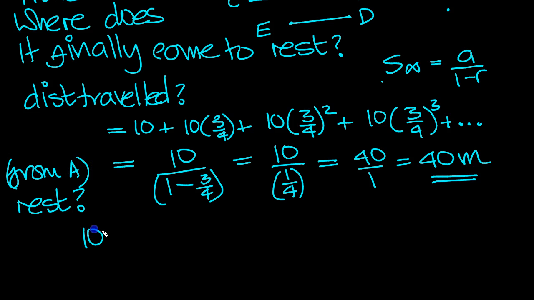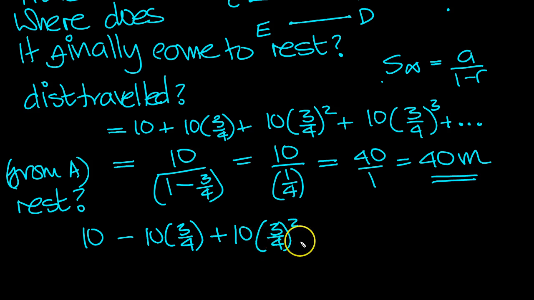So it's going to go forward 10, then it's going to go back 7.5, which I better write as 10 times 3/4. Then it's going to go forwards again. The next term is plus, and then the next term will be minus, because you're going to take that distance away. And the next one will be plus. It's going to carry on like that in the same manner.